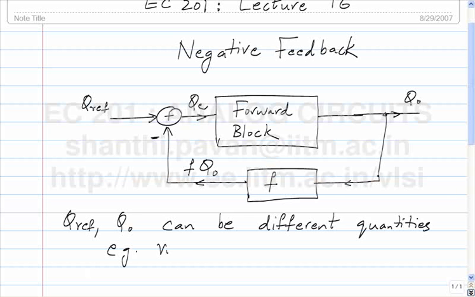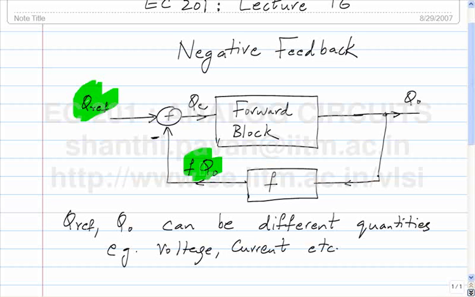Example, voltage, current, etc. However, can you make any comment on Q ref and F times Q O? It doesn't make any sense to add apples with oranges, right? So if you have apples, you must add them with apples. Q ref and F times Q O, which is often called the fed back quantity.